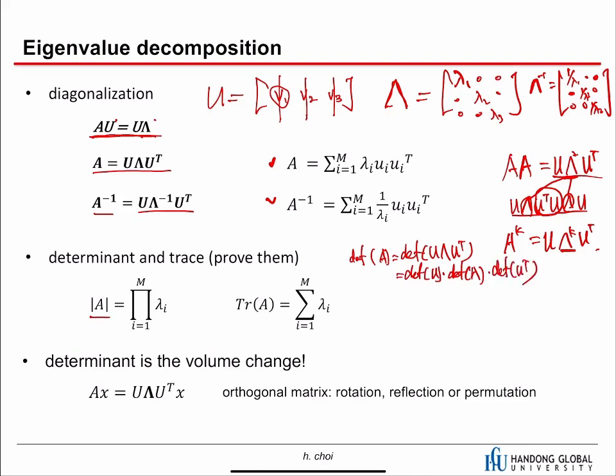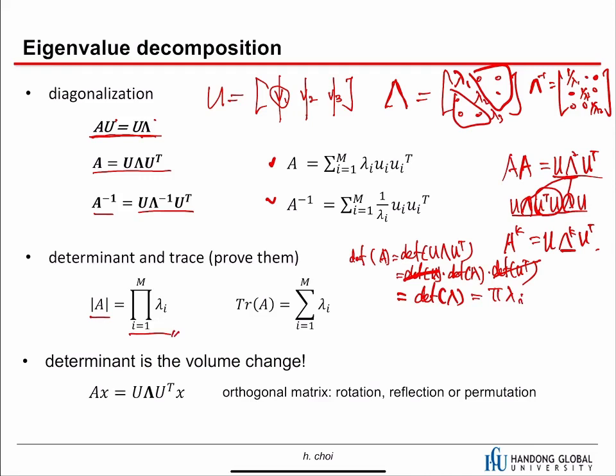Since U is an orthogonal matrix, the determinant of U is 1, and so is that of U transpose. So it is the determinant of lambda. In this matrix, all the off-diagonal elements are zeros, so the determinant is simply the multiplication of all the lambdas.